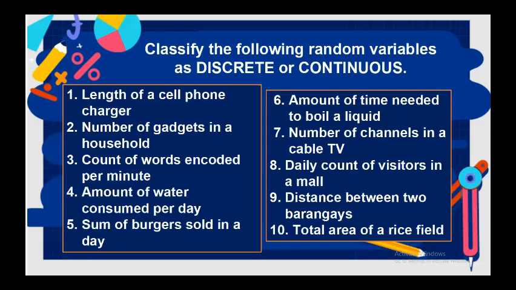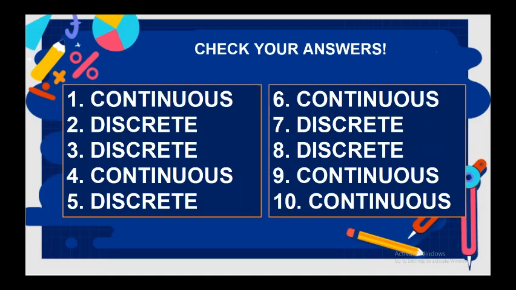Are you done? Now let us check your answers. For number 1, the answer is continuous. Number 2, discrete. Number 3, discrete. Number 4, continuous.